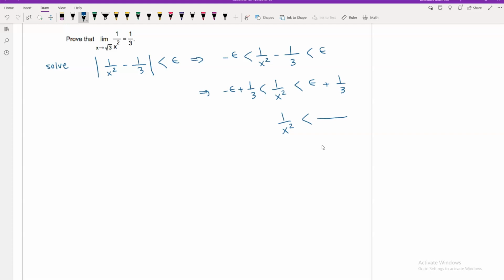Now simplify what we have here on left and right side using 3 as a denominator. Now what we have is 3 times epsilon plus 1. And here same thing, our denominator is 3. And we have 3 times negative epsilon plus 1.